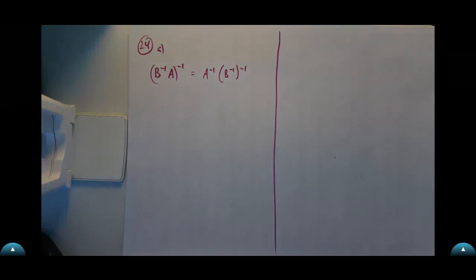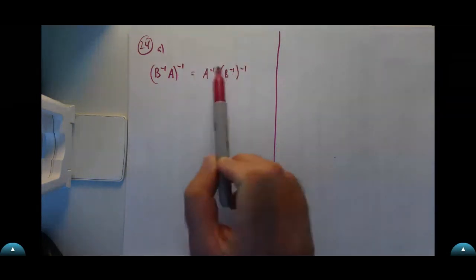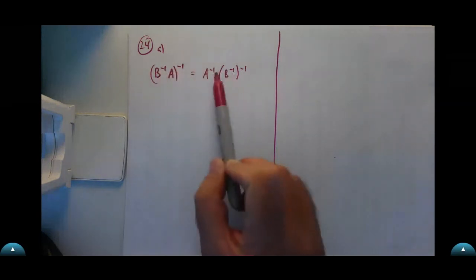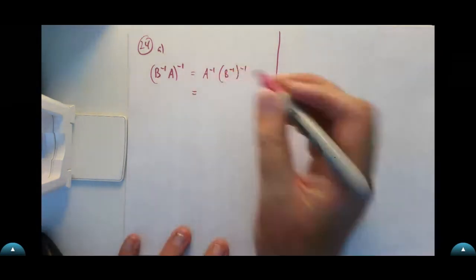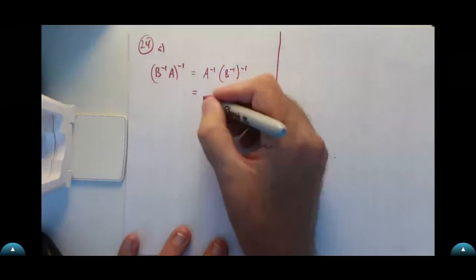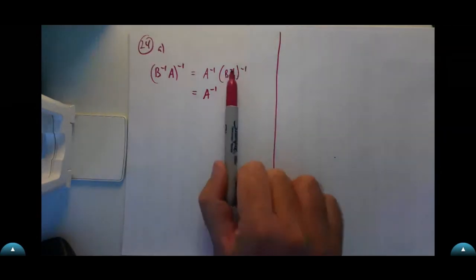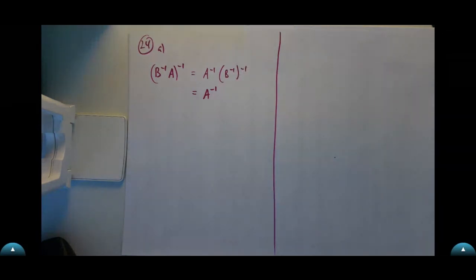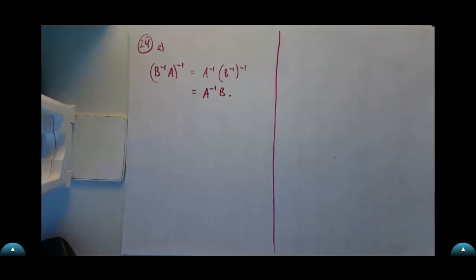So that's one of the weird things with inverses and transposes. You can distribute them into products, but you change the order of the products. Okay, so you don't know what A inverse is, but who can tell me on the chat what is B inverse inverse? Correct, Kevin. Okay, so that's the simplest that you can get it. All right.